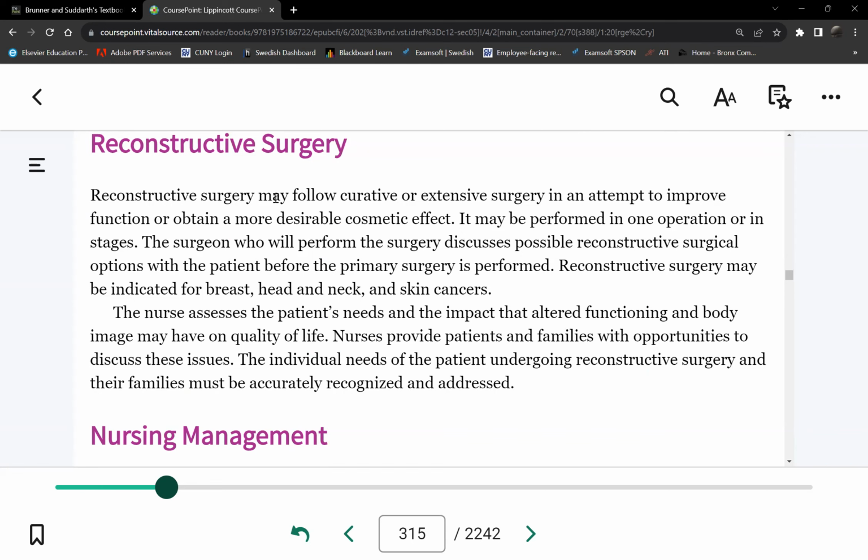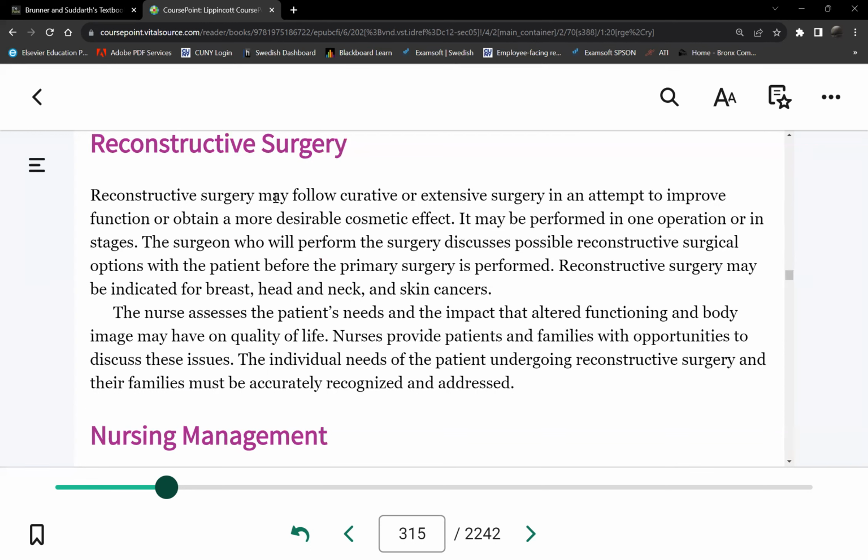Because sometimes they're beyond cosmetic repair. The body part is so disfigured that the whole purpose will be just to restore function, or we can also couple this with palliative surgery. Okay, but that's the purpose of reconstructive surgery.